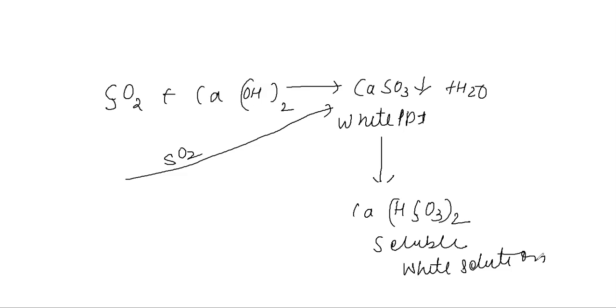Orange will convert into green. So the third step which we will do is what is going to distinguish between CO2 and SO2 gas. CO2 does not react with acidified KMnO4 and K2Cr2O7, but SO2 gives a reaction with them.